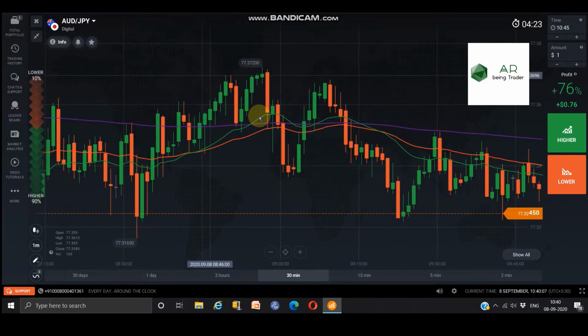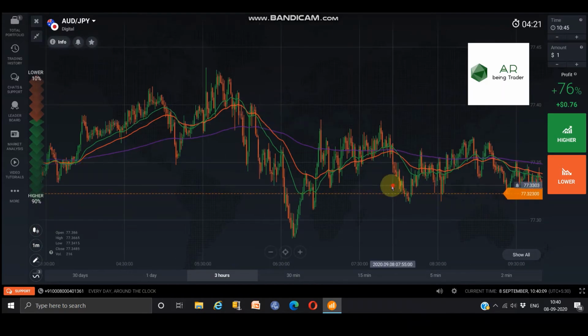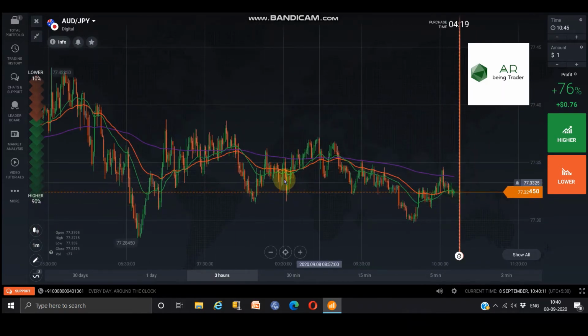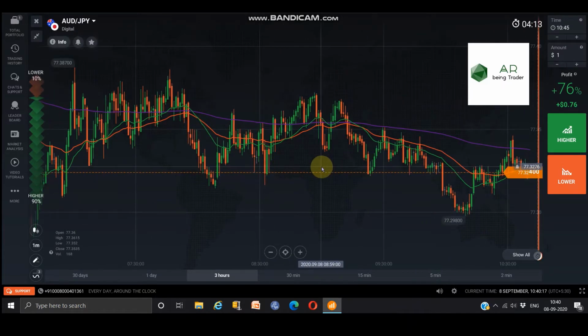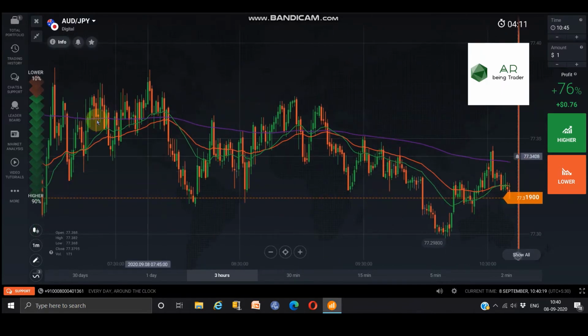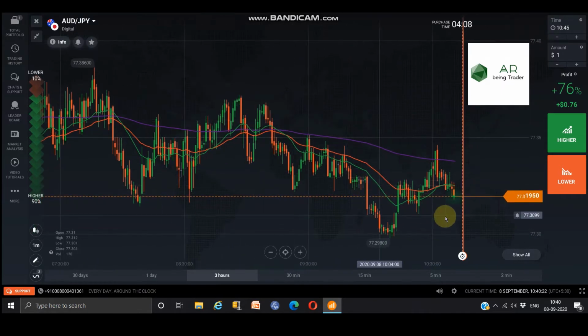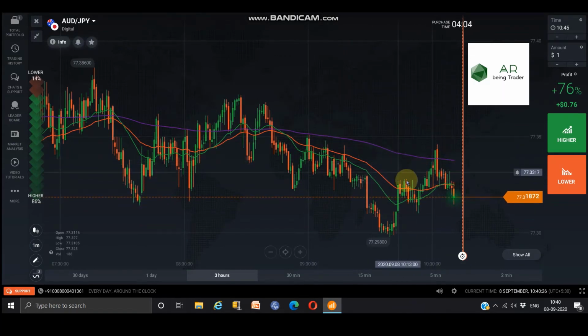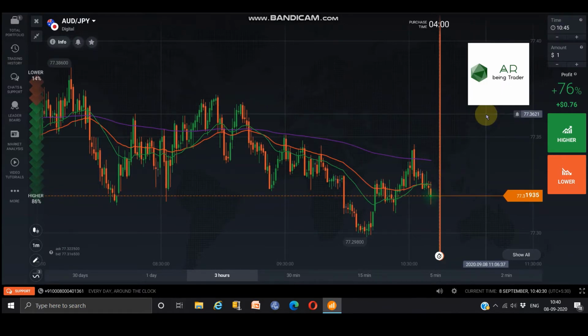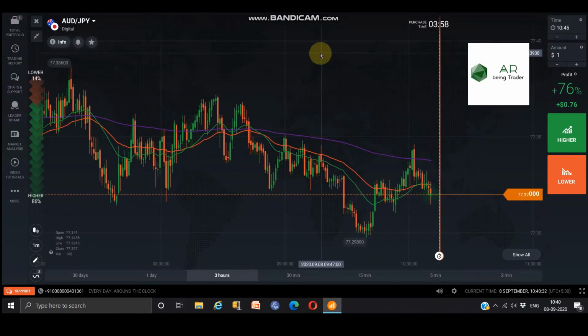Always remember, these will also work as dynamic resistance and support. If the market is below this 200, until the market crosses this 200, it is a downtrend. Always remember this point.